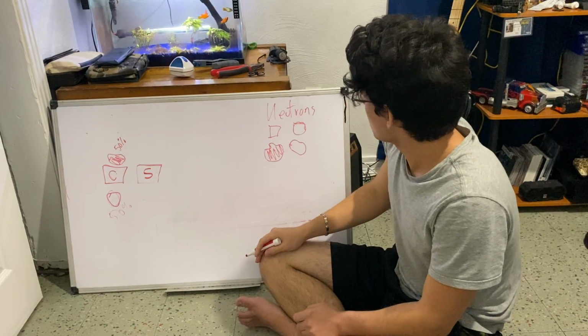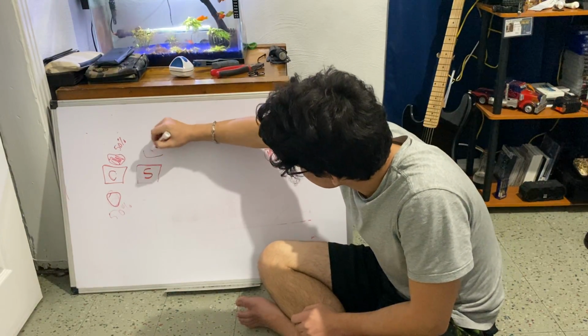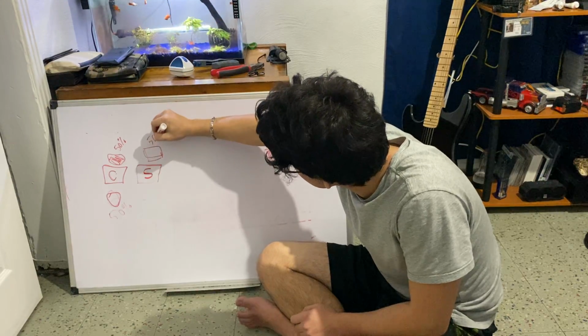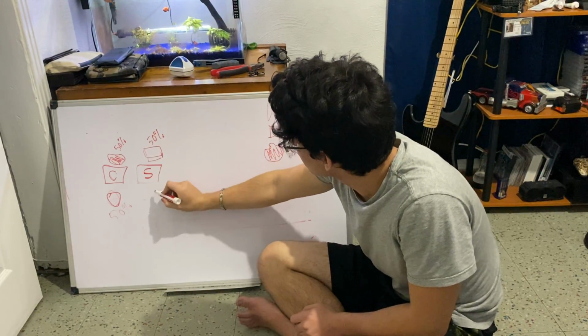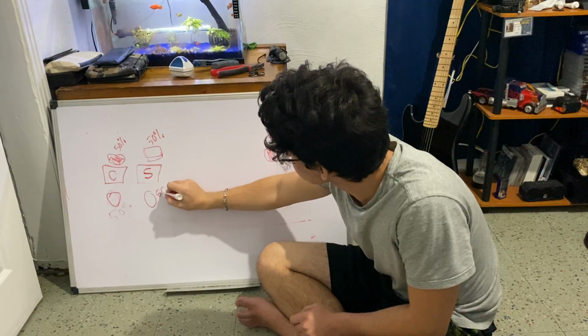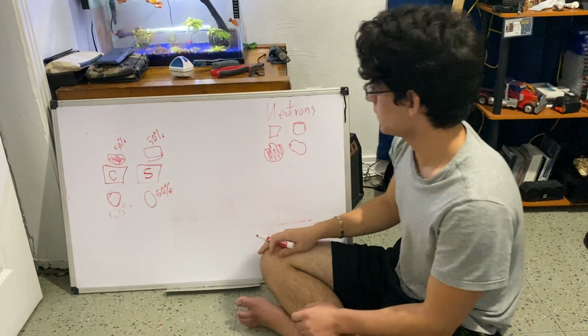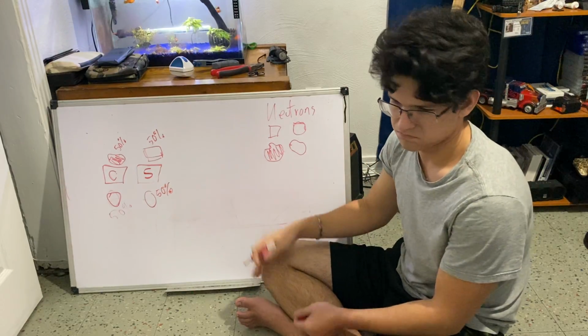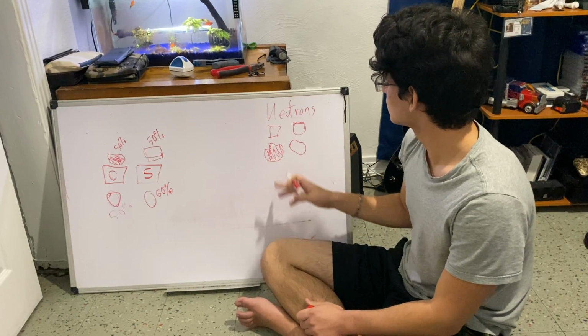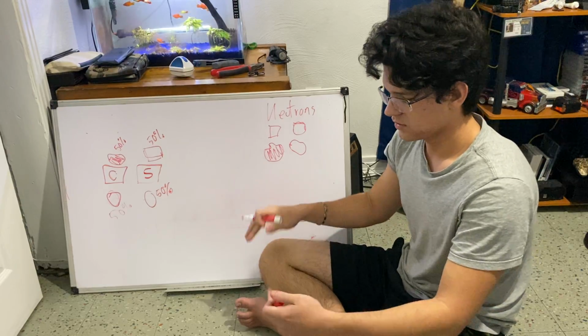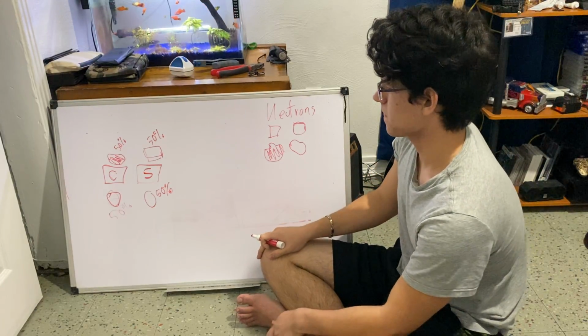And then the shape, same thing. It can be a square 50%, or it can be a circle 50%. Yep, 50%. That's basic stuff. You have two probabilities, you split them and you get this 50%.